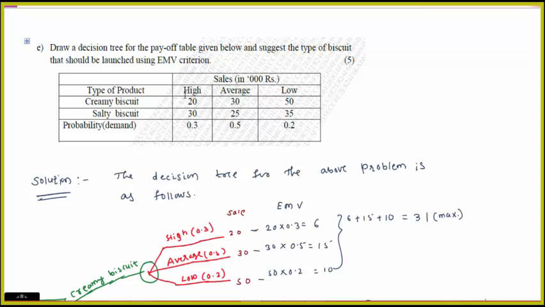This is sale or demand, and high, average, low are states of nature, and these are the decisions or acts. A company wants to launch one type of biscuit, and we have to suggest which biscuit is to be launched using the decision tree method, that is, the EMV criteria.